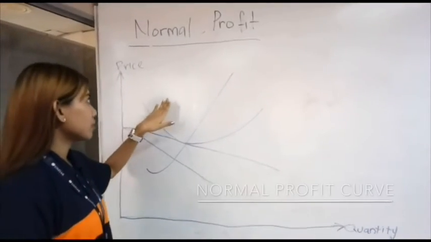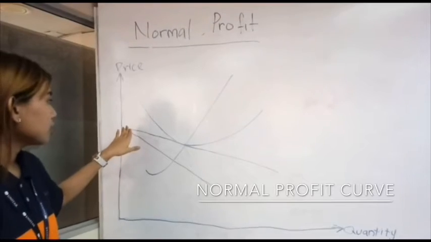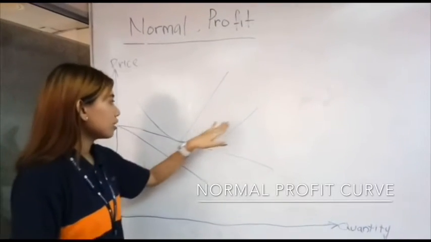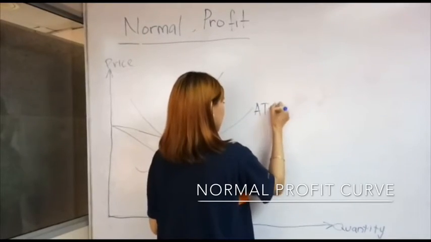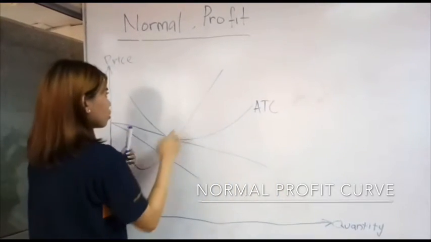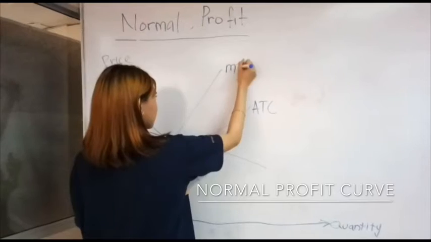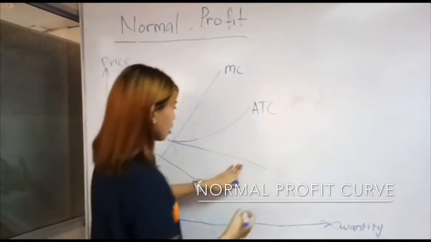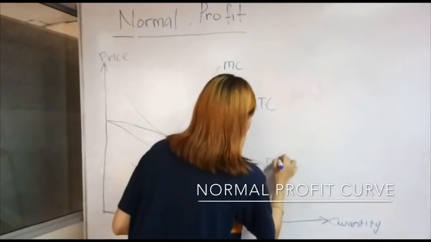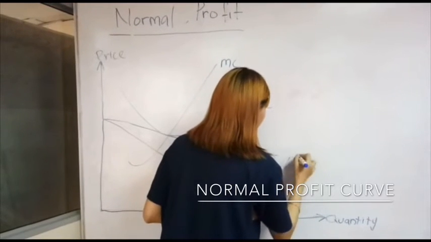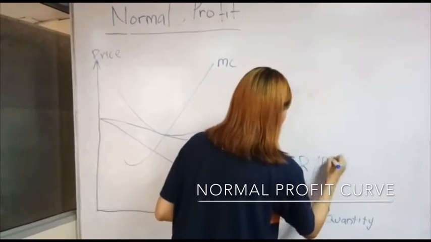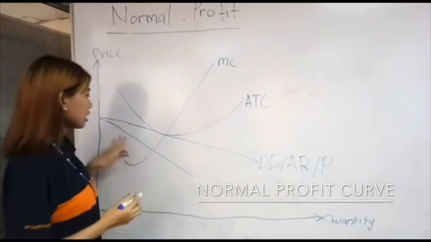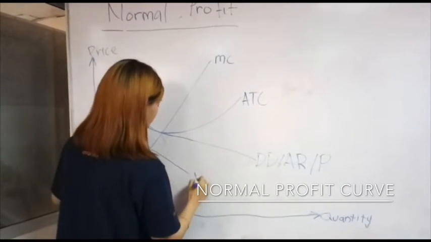So this is the normal profit curve. This line shows the ATC line. This line shows the MC line, and this line shows AR, and this line shows the MR line.